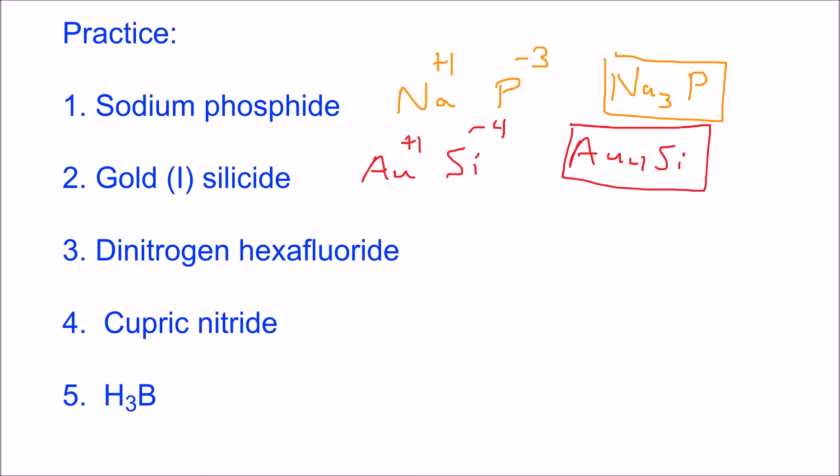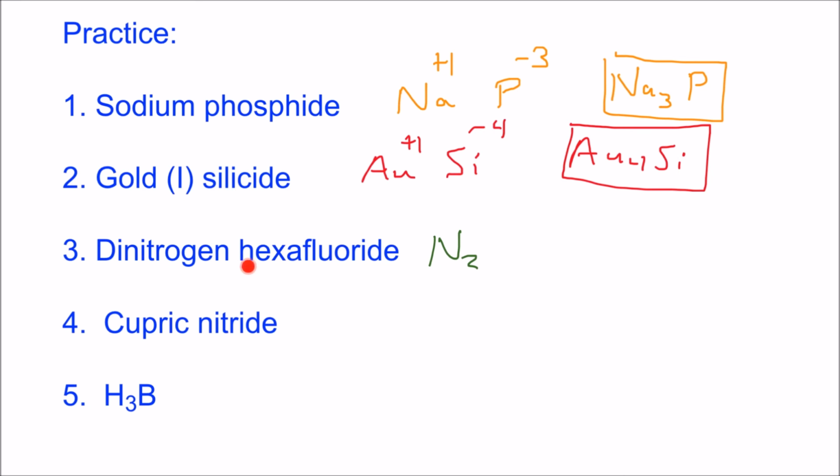Okay, the third question, dinitrogen hexafluoride. IDE, again, indicates that this is a binary molecule. Di is a prefix for 2, and the first element is nitrogen. So we're going to write nitrogen, and there's 2 of them.